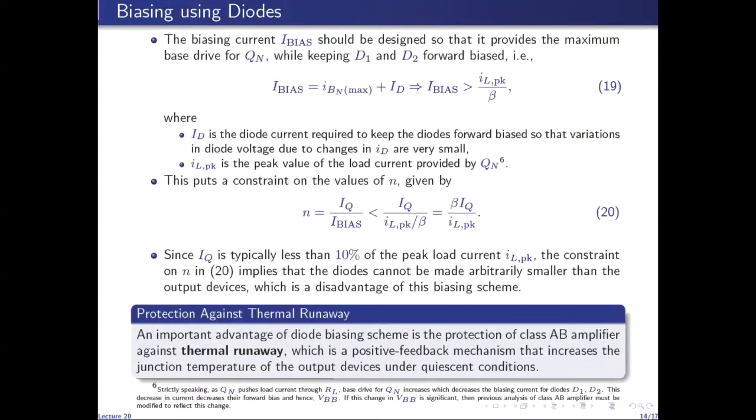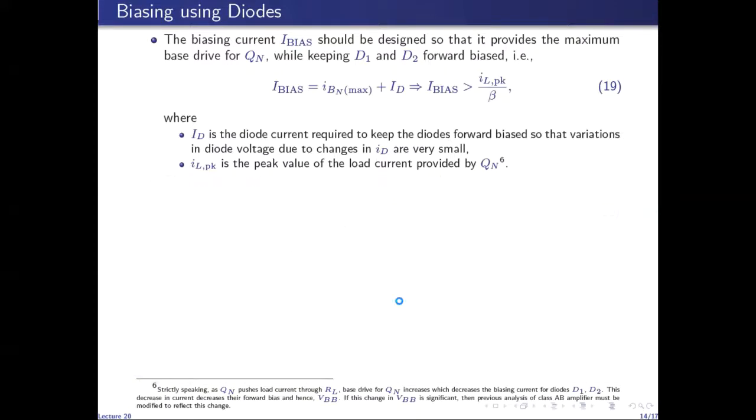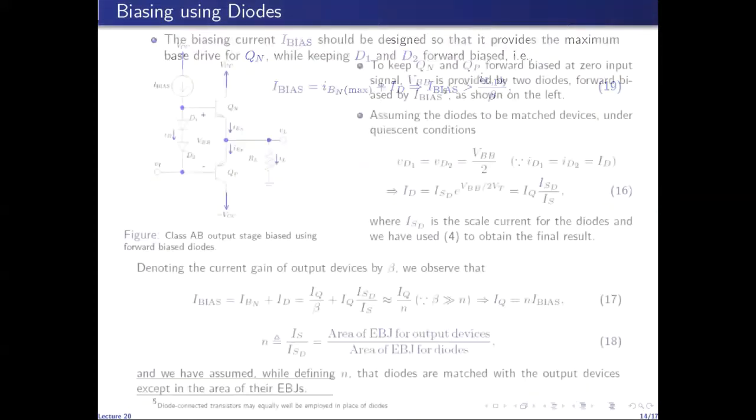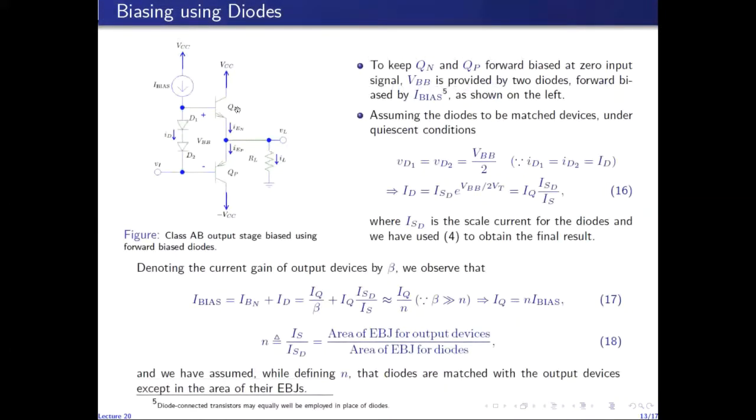However, we observe one very important advantage of this scheme, which is the protection against thermal runaway. So thermal runaway is a phenomenon, as the name suggests, which if not checked can damage the class AB amplifier.